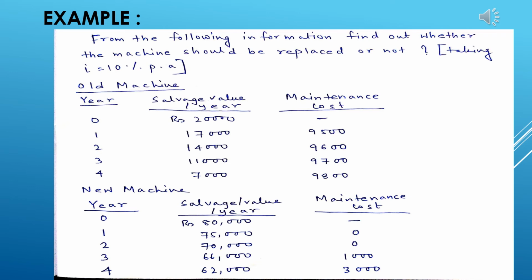Here we have no maintenance cost for the initial year for the old machine, and for the new machine we don't have maintenance cost for year 1 and year 2. So we'll be calculating based on the values available to us.